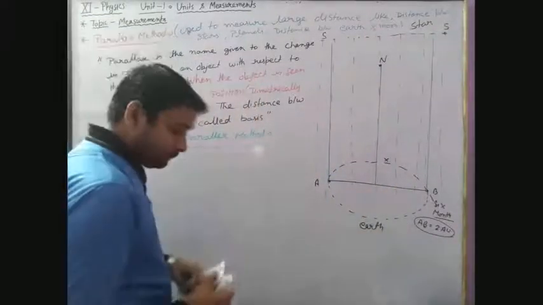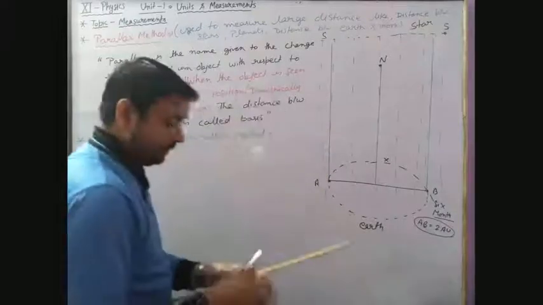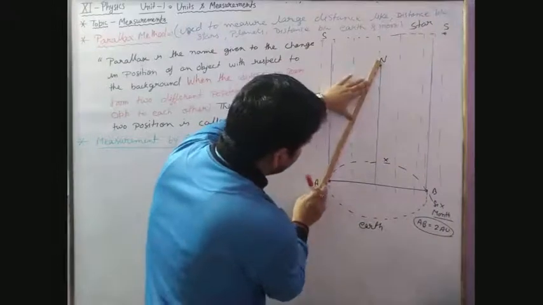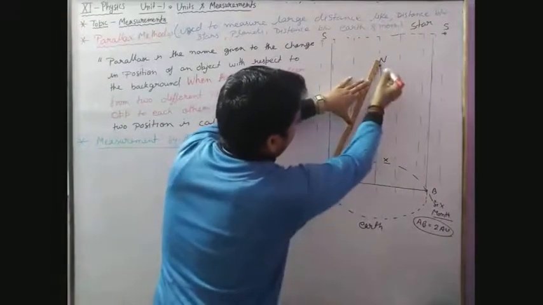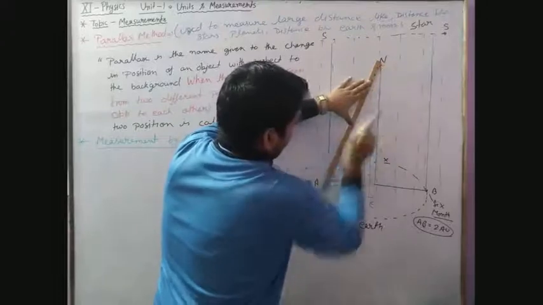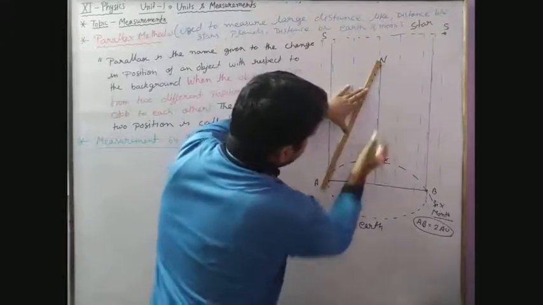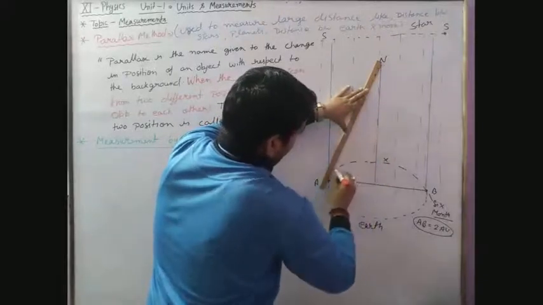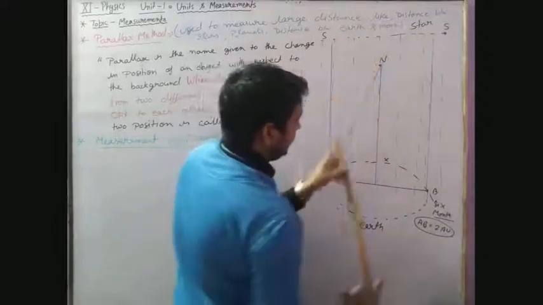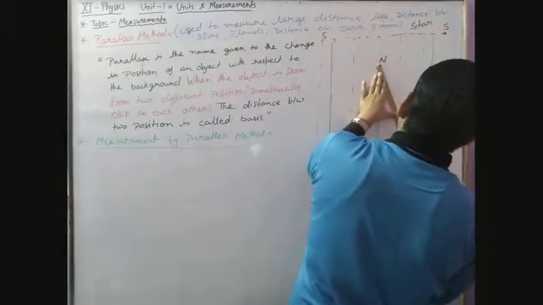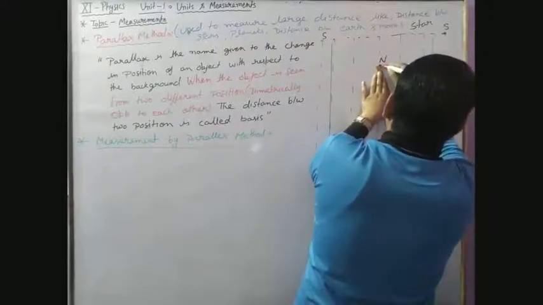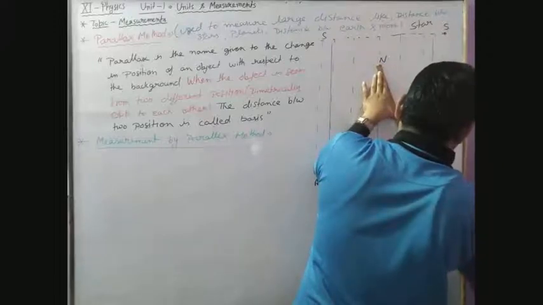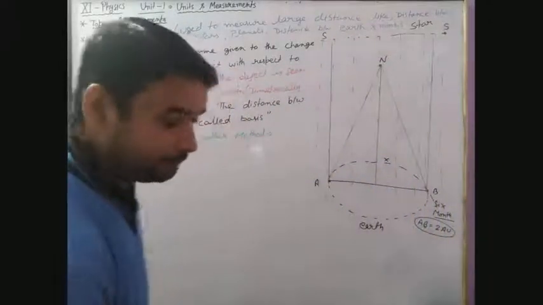Clear? So now what we can do here, we join the 2 positions, one is N to A, and another is N to B. Clear to all of you?